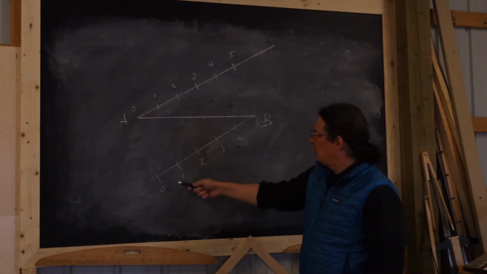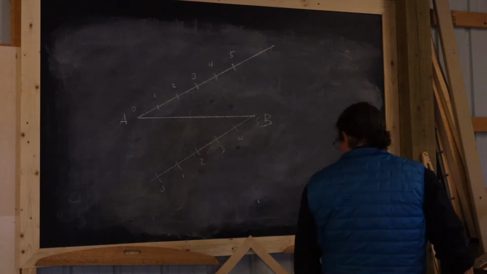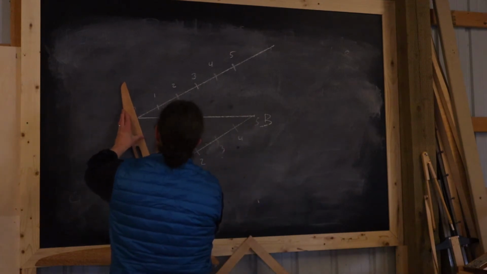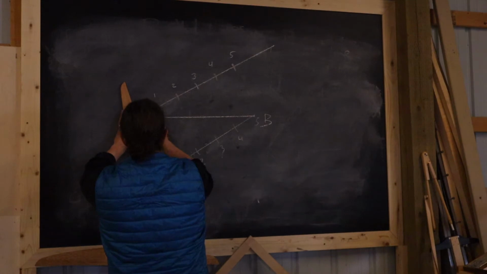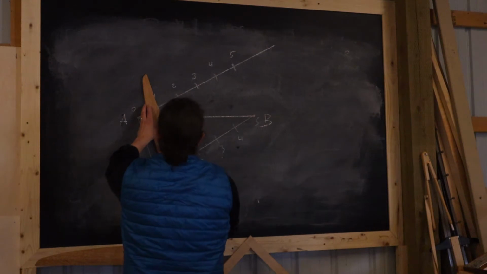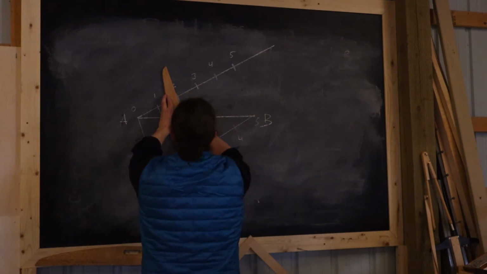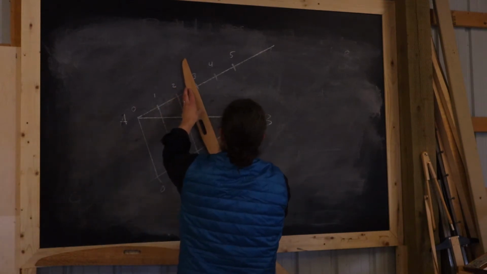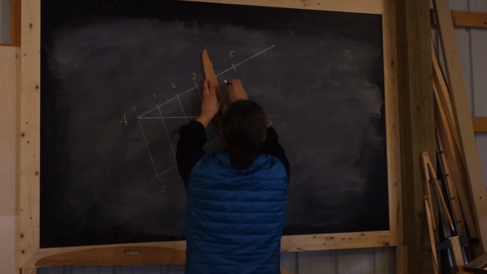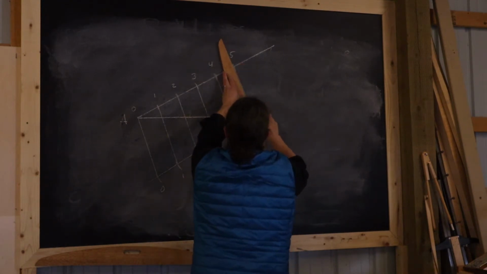And my goal is that I want these numbers to count in the same left to right direction in the parallel lines. And the reason they are there is that I'm going to connect the zeros to the zeros, the ones to the ones, twos, threes, fours, and fives.